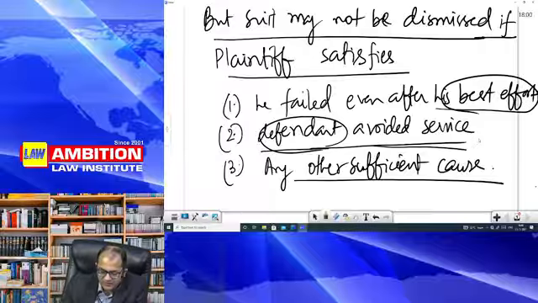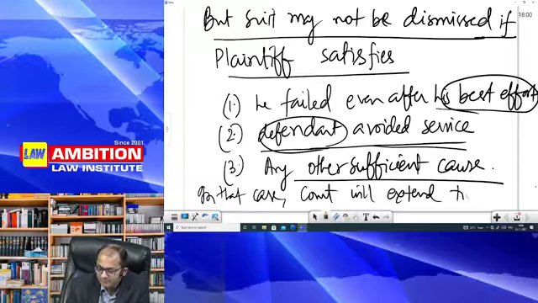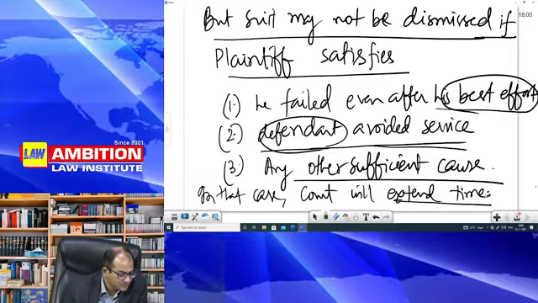So in that case, the court will extend the time. In such case, the plaintiff may bring a fresh suit.